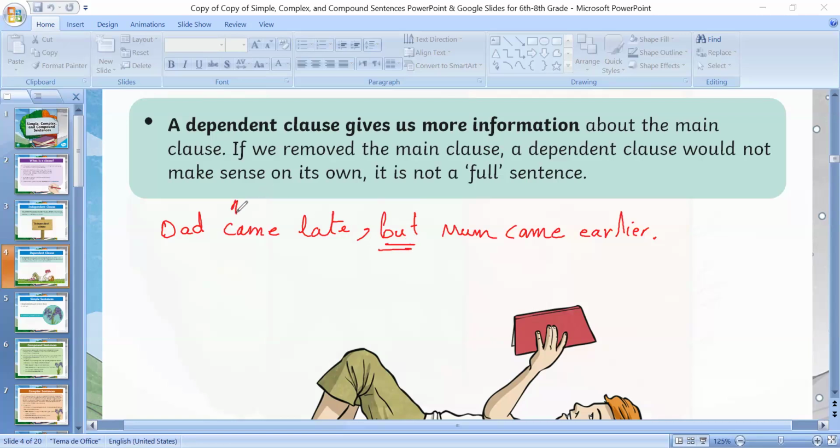This is an independent sentence and this is an independent sentence. So one simple sentence here and one simple sentence here, connected by the word but. So the type of sentence here is a compound sentence.